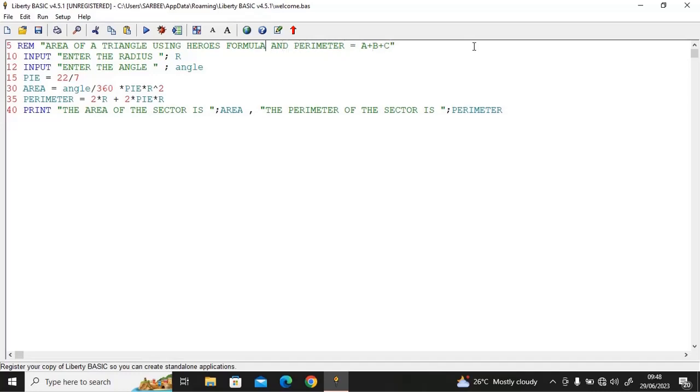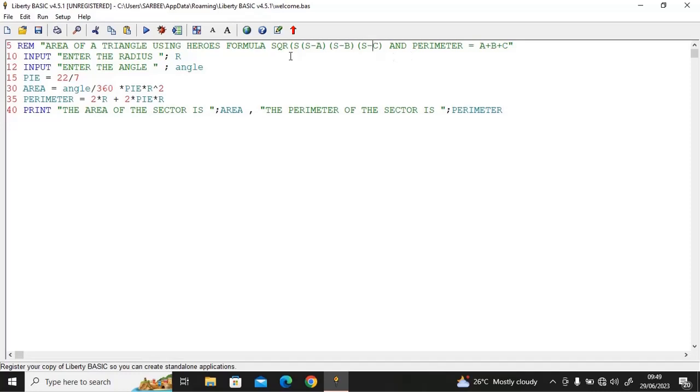The area of a triangle using Hero's formula goes: square root of s, open bracket, s minus a, close bracket, open bracket, s minus b, then s minus c. This is the formula. Now, how will I use this formula in my program?